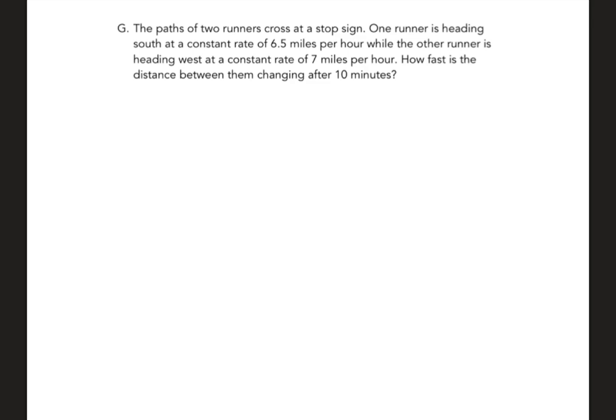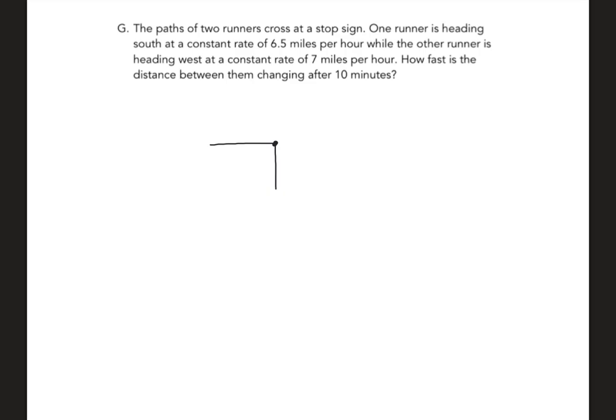Okay, so the runners cross at a stop sign, so we'll say that's the stop sign, and that's where they intersect. They're there at the same time at some point, but then they keep going, and one runner keeps going and is headed south at a rate of 6.5 miles per hour, and the other one is headed west at a rate of 7 miles per hour, a little faster.